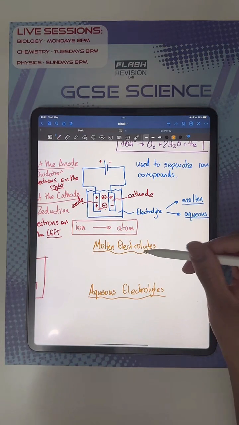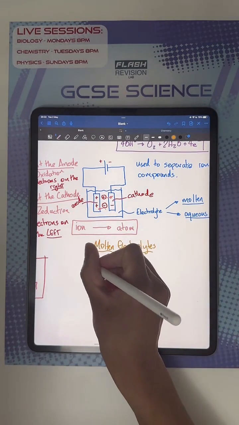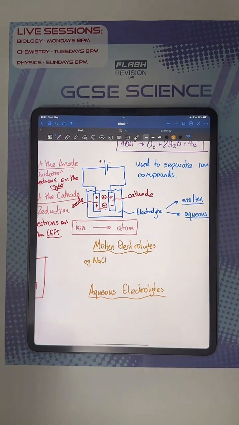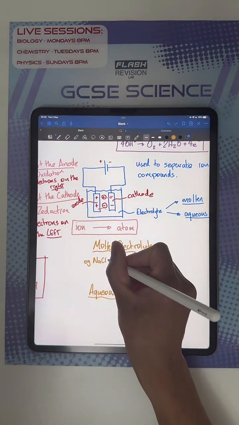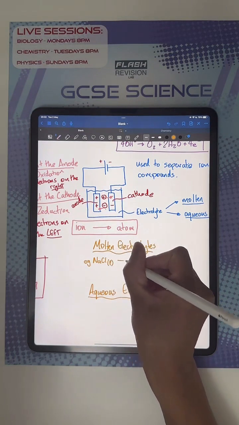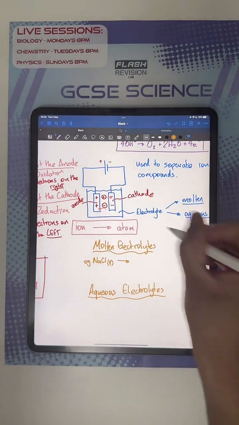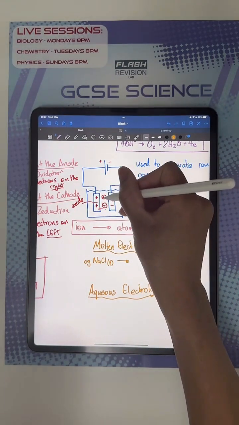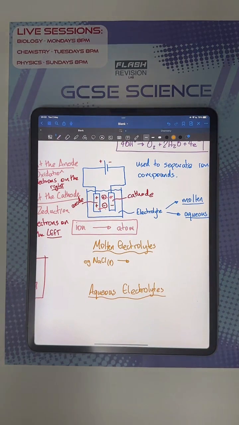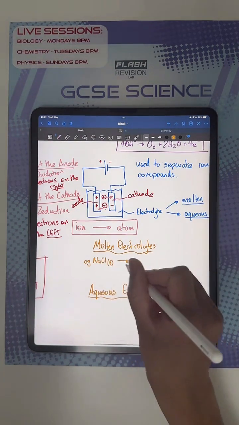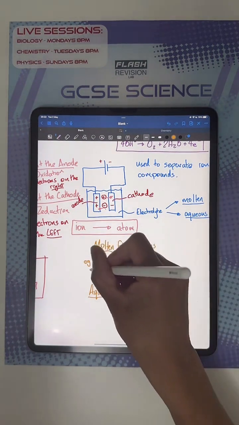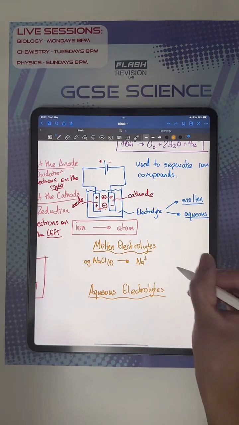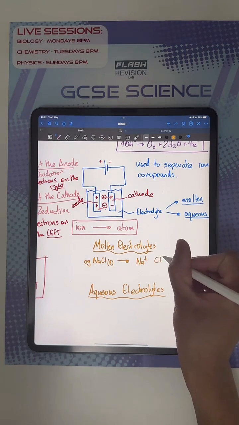If it's molten, it's straightforward. For example, if you had sodium chloride as your electrolyte and it was molten, so it's liquid, inside your electrolyte here you have a positive and a negative ion. You would just have the elements that the compound has. So the ions would just be Na+ and Cl-.